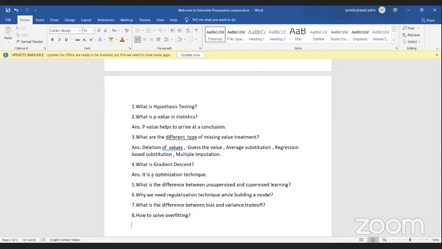Yeah, using more data, a large data set, we can reduce our overfitting. We can use that also.